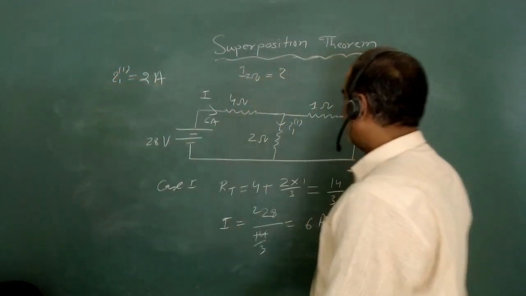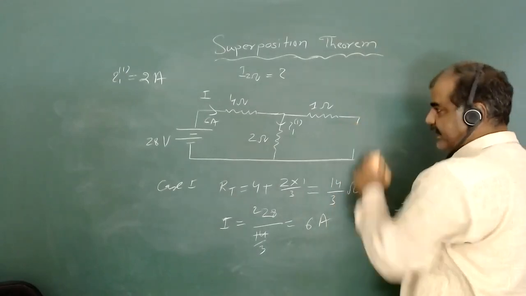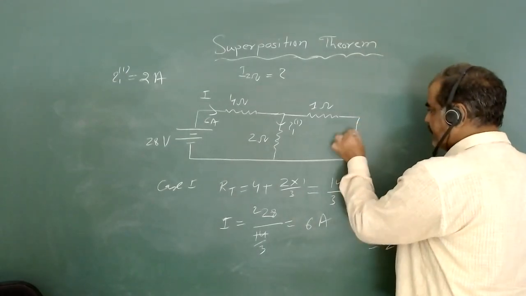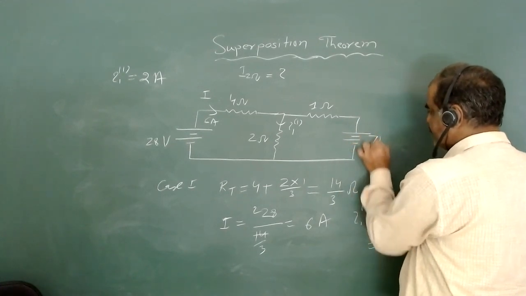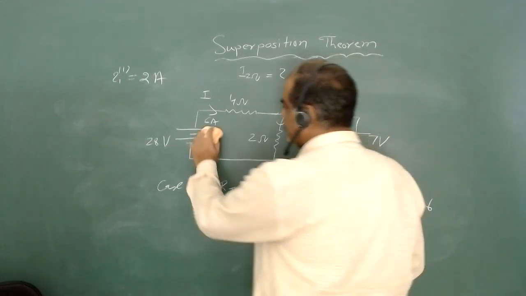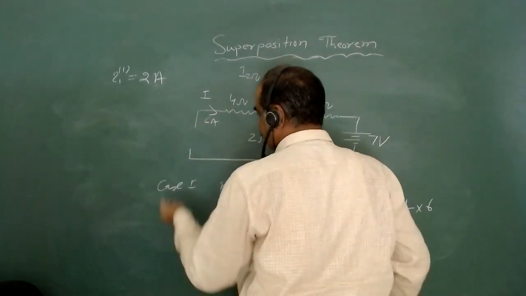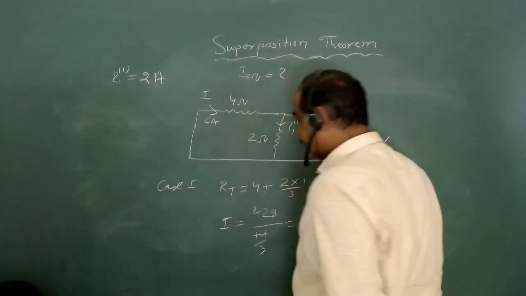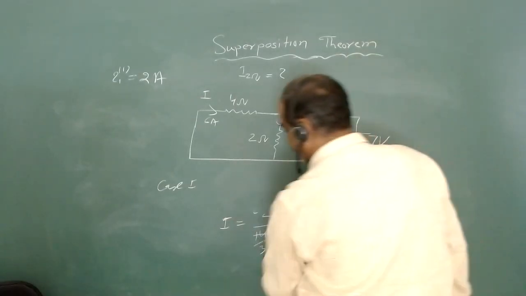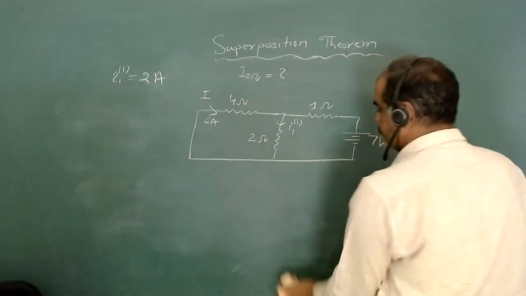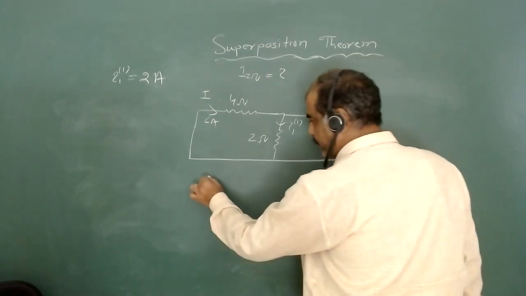Now I want to use case second. For case second, I have been given the 7 volt battery, and I will make the 28 volt battery a short circuit. I will repeat the whole process again. Again I need to calculate the total resistance in order to calculate the total current.